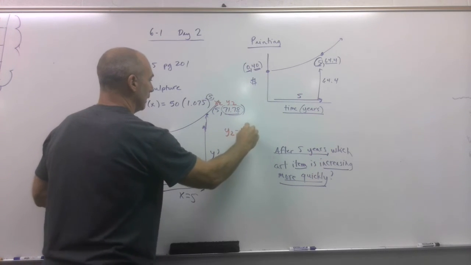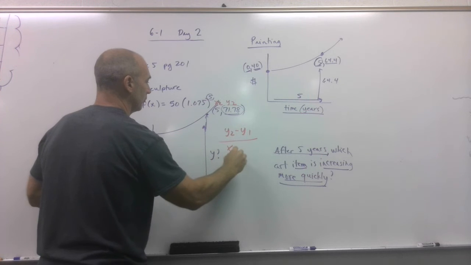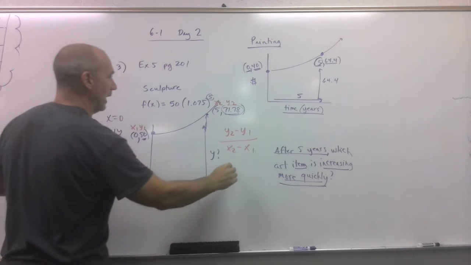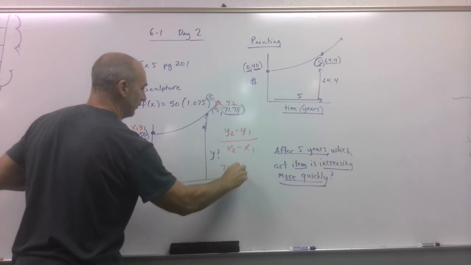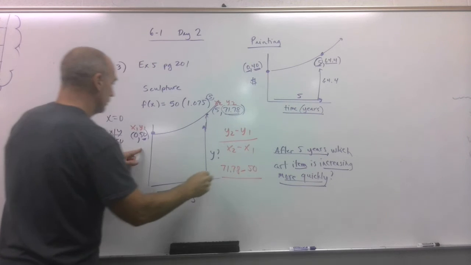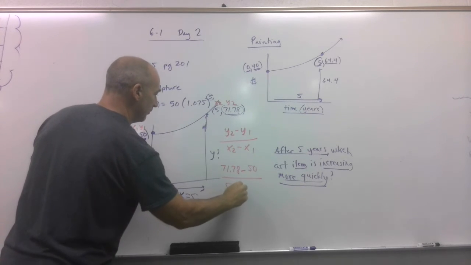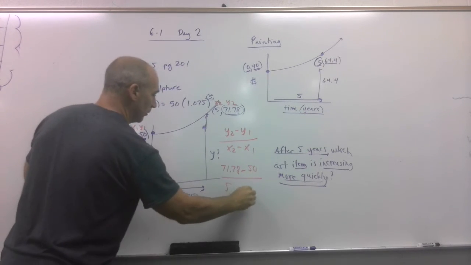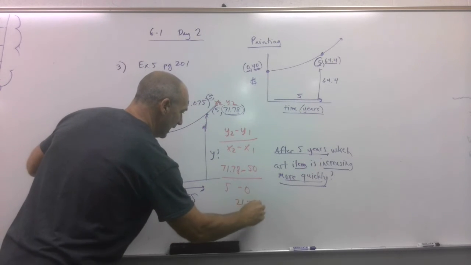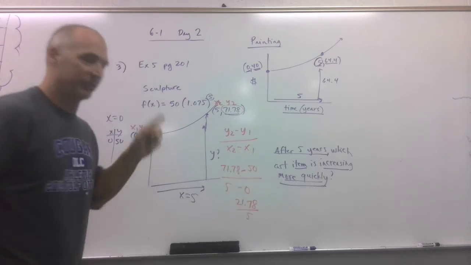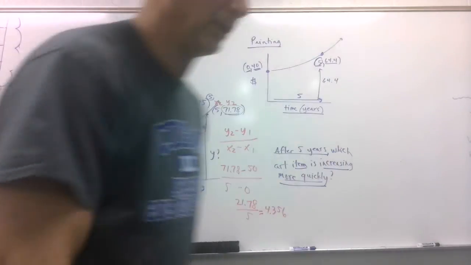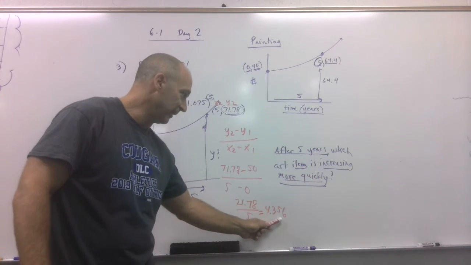Remember, it's y2 minus y1 all over x2 minus x1. We're going to do that for both of them. So y2 is 71.78 minus 50 over x2, which is 5, minus x1, which is 0. So this would be 21.78 over 5. Let me get my calculator out. The rate of change, 4.356.